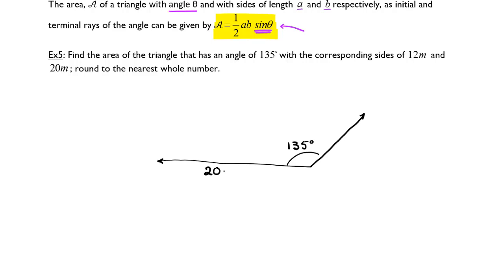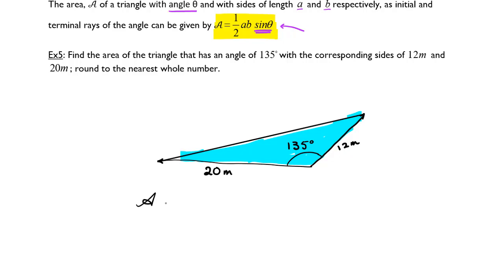We'll call this 20 meters, and this 12 meters. And then I'll go ahead and connect these two rays. So my triangle is going to look something like this. And I want to fill this in because remember, I'm finding the area of this triangle.